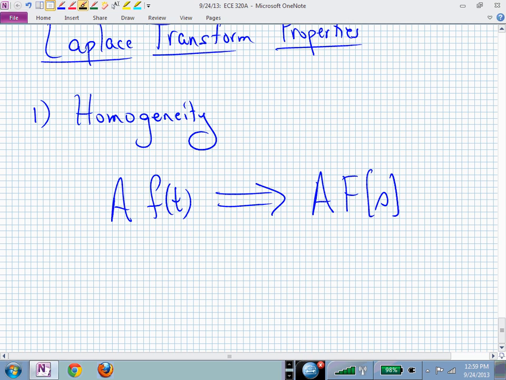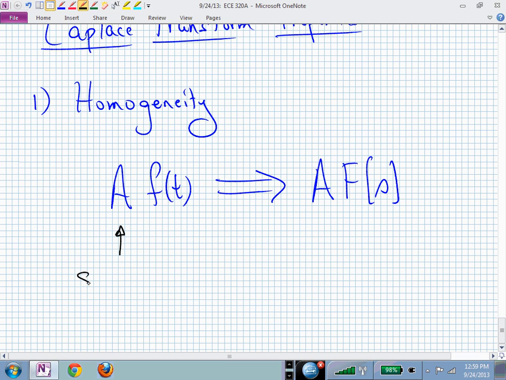In this particular example that I'm using, A is a constant, and by that I mean it's not a function of time, t.